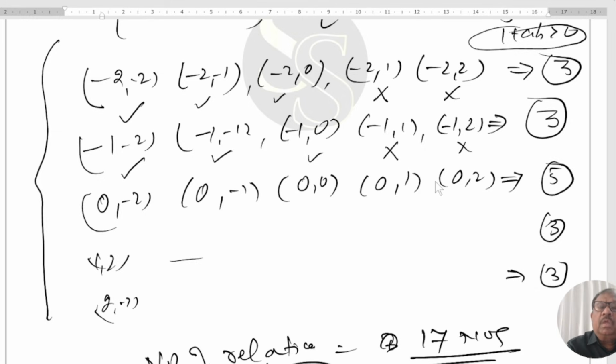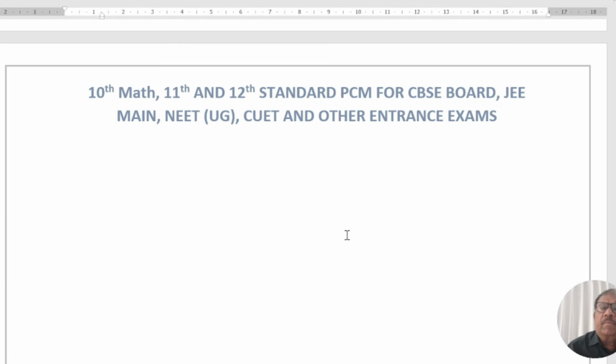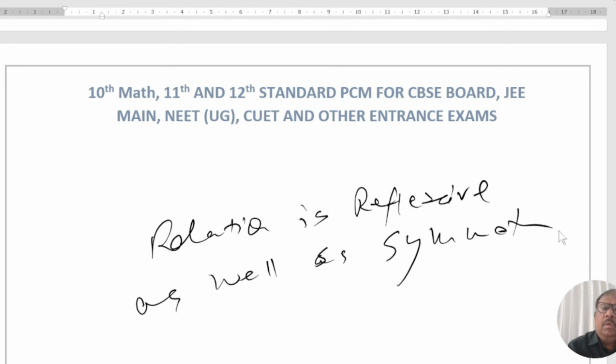Theek hai. So it is reflexive as well as symmetric. Relation is reflexive as well as symmetric, but not transitive.